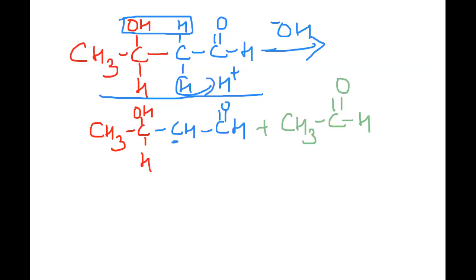This is going to now attack. If I look at the nucleophile, it is going to attack this carbon here, because this is del positive and this is del negative. Remember, this is a nucleophilic addition mechanism that is being followed.